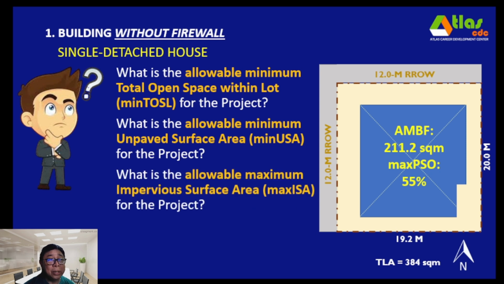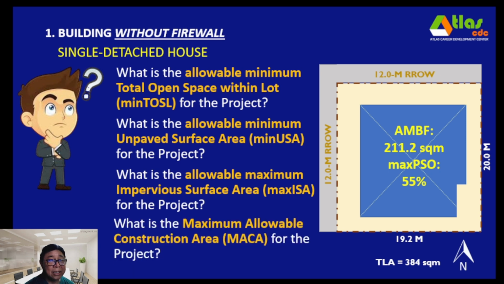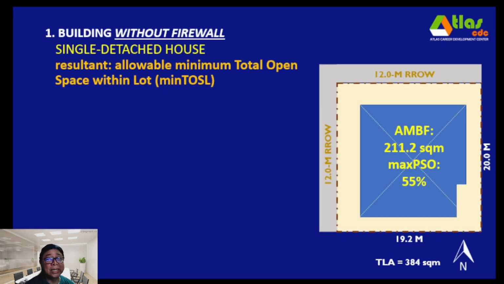And we also have the allowable maximum impervious surface area or maximum ISA, and we can also determine the maximum allowable construction area or MACA for the project if the building shall have no firewall. And this is a single detached house.